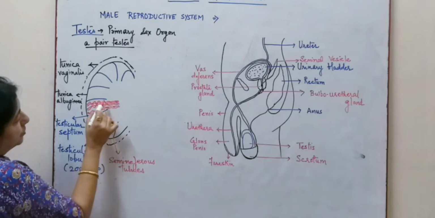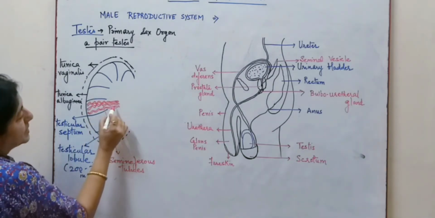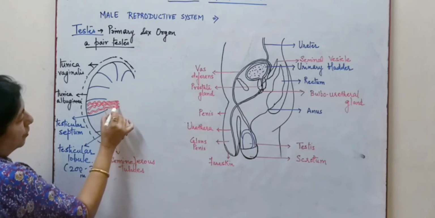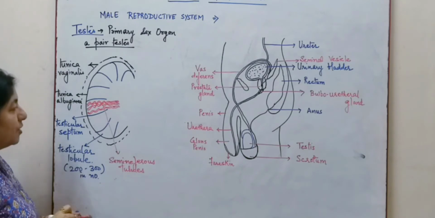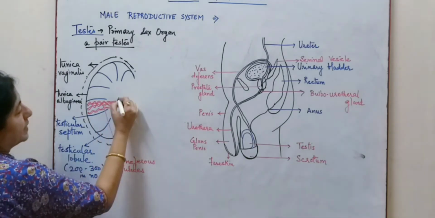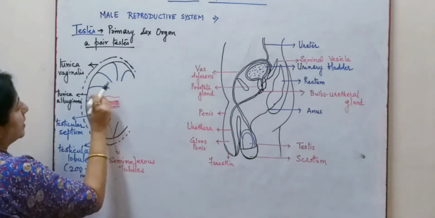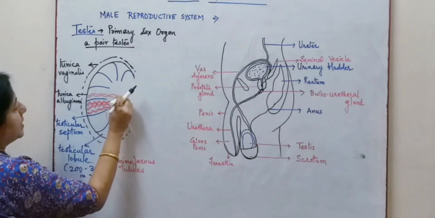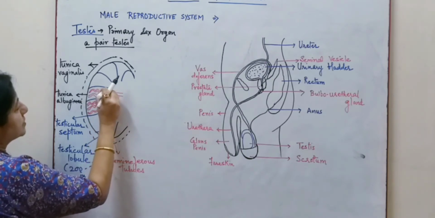These seminiferous tubules are highly coiled inside the lobule, but as they move out of the lobule side, they become straight. Each lobule, as I said, may have 2 to 3 such seminiferous tubules.